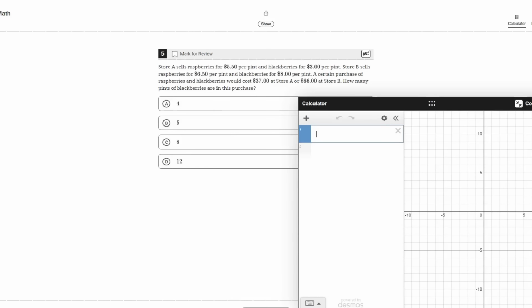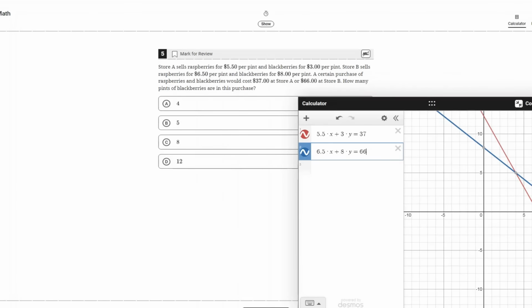Let's do them in our calculator. The first equation, 5.5, okay, in store A, times x, the number of pints of raspberries, plus 3 times y, and in store A, we pay $37 for this, all right, and in store B, we pay $6.5 for each pint of raspberries, plus $8 for each pint of blackberries equals, and we pay $66.